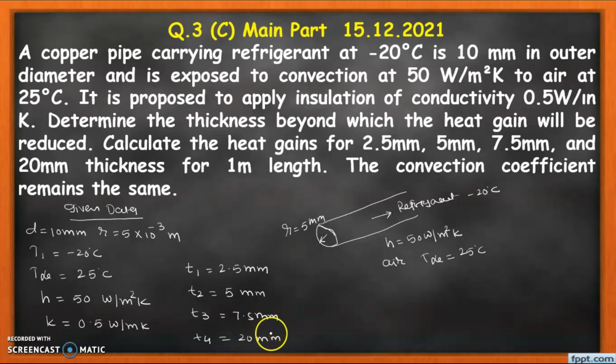So students, first of all we calculate the thickness beyond which the heat gain will be reduced. Indirectly, it is asked that we need to calculate the critical thickness of insulation, after which the heat transfer rate will be reduced. Here the geometry given is a cylinder, so we know how to calculate the critical radius of insulation for cylindrical geometry.